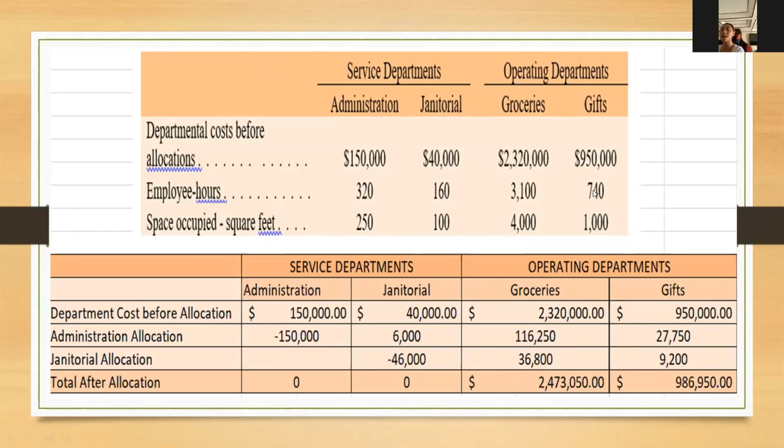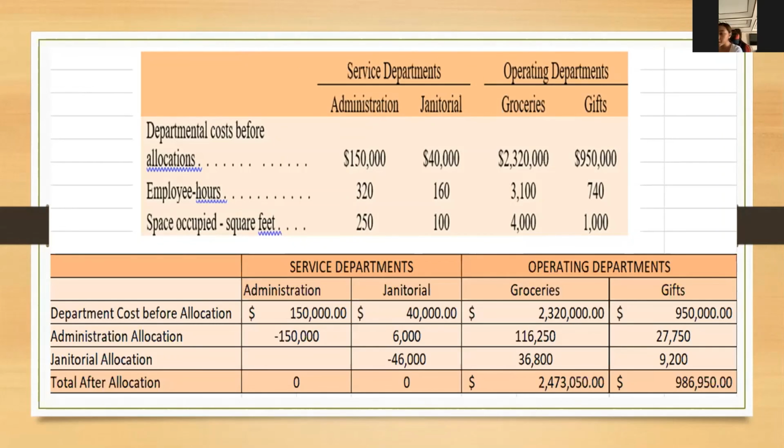Divide po natin ng total employee hours ng operating department, which is equals to 27,750. So ita-drop down lang natin yung janitorial, which is i-add natin ng 40,000 plus 6,000, it equals to 46,000.